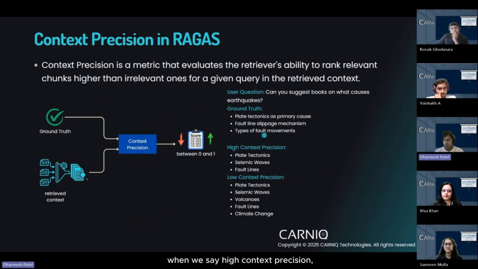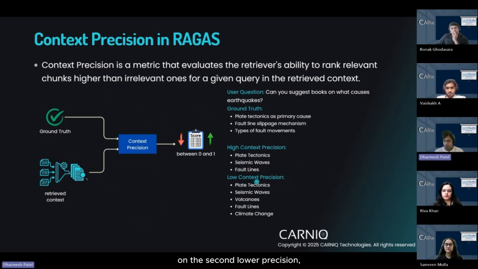Now, when we say high context precision, suppose your retriever has retrieved n number of chunks. In this, the first three are aligned with your ground truth, which means your context precision is high.